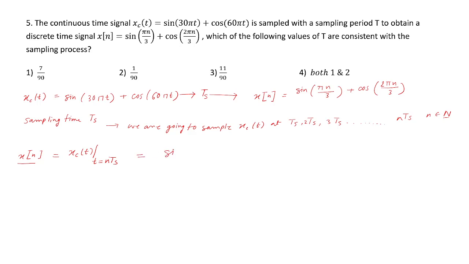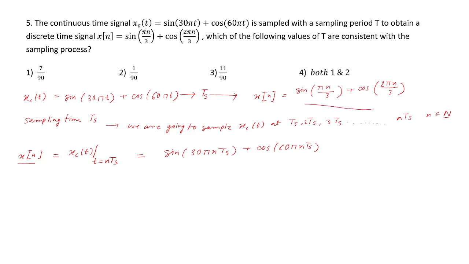So it's like sine 30 pi nts plus cos 60 pi nts. Okay, fine. So let me just compare, let me write these things also.